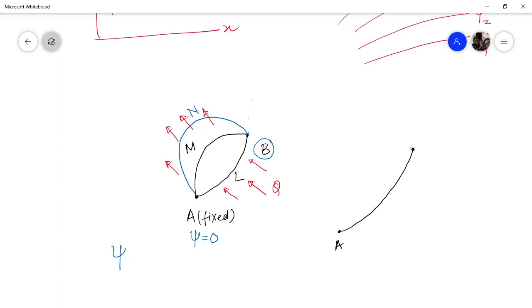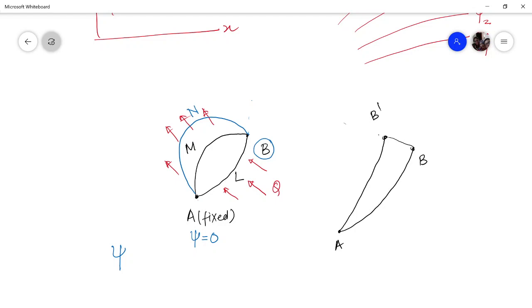This is A and this is B. Then you make another path, let us say B prime, and assume that a streamline is passing through these two. So this BB prime is a streamline.